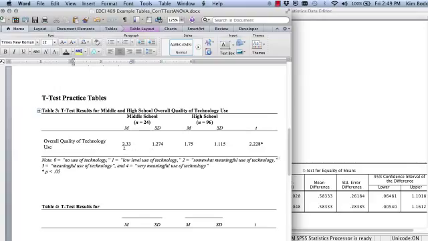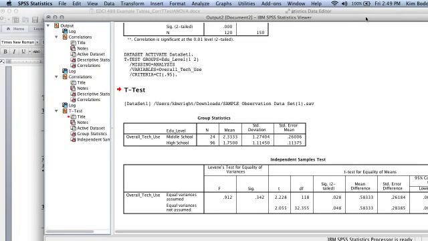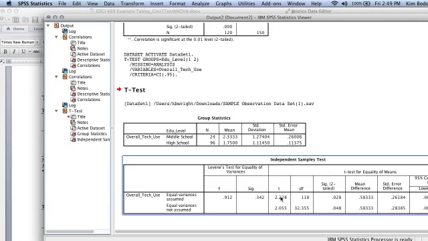So in this case, my means are 2.33 and 1.75. You're going to put the t-value, so if you go back over here to my table, remember my t-value is right here, my third column over. So really the only information you're going to pull from the SPSS table is the t-value.